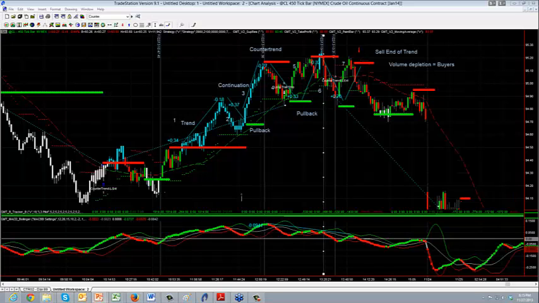Whether the market's trending, consolidating, starting to move into a counter trending position, starting to top out or get to a point where there's a potential reversal in play, or ranging, you want to be able to take advantage of those phases.